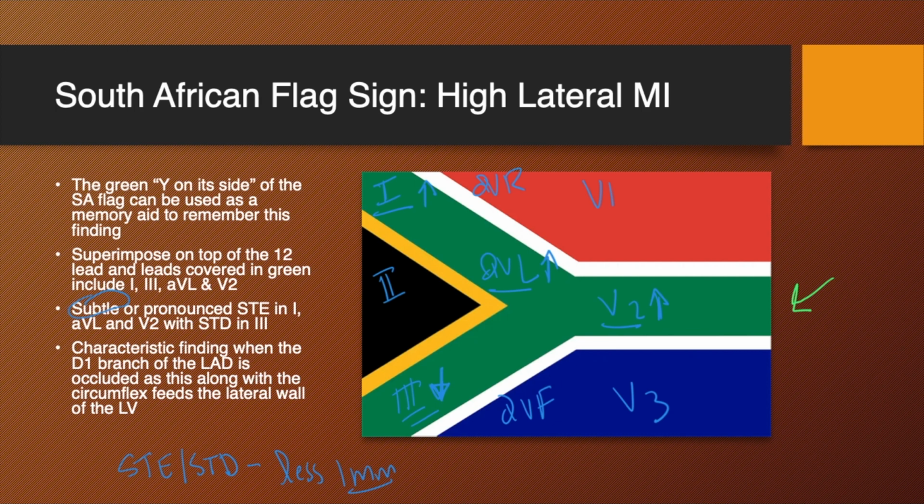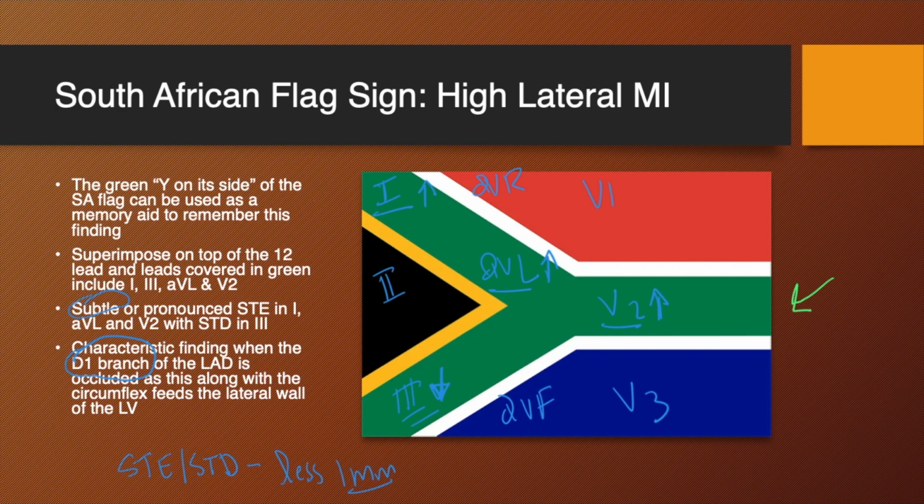All right. So ST elevation in 1, AVL, and V2, and ST depression in lead 3. And this is characteristic when you have a blockage of the first diagonal artery that comes off of the LAD.